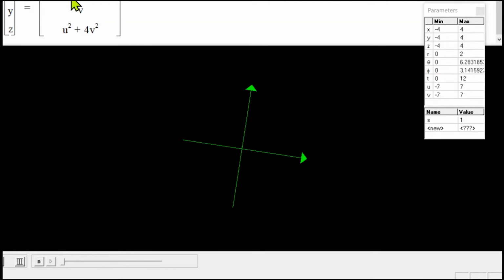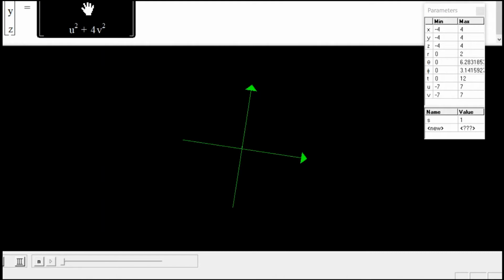This is so annoying. I'm afraid I might have to retype this whole thing.